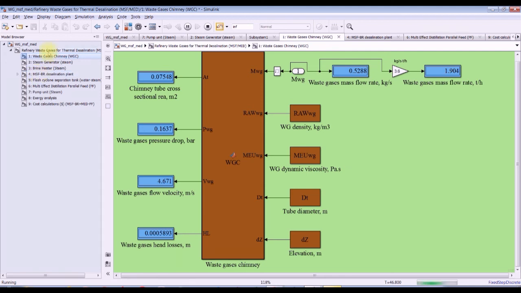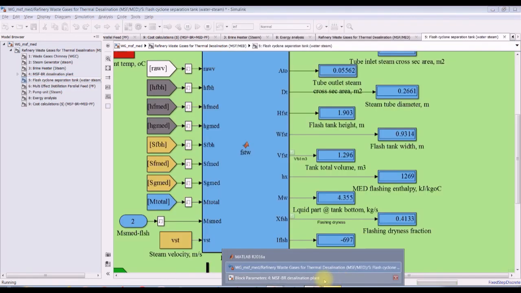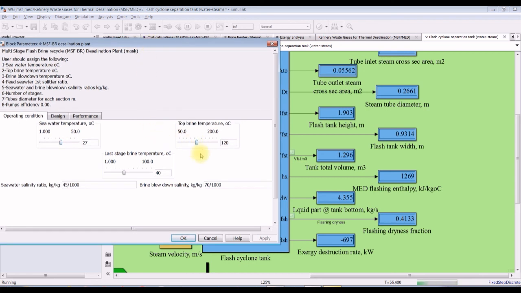I'm sure we can control many parameters. Let's go for turbine temperature and see this effect on the flash cycle. Let's see here. I'm going to decrease the turbine temperature. Decreasing turbine temperature will increase the dryness fraction. Okay, as you can see here, and the same effect for last stage brine temperature.